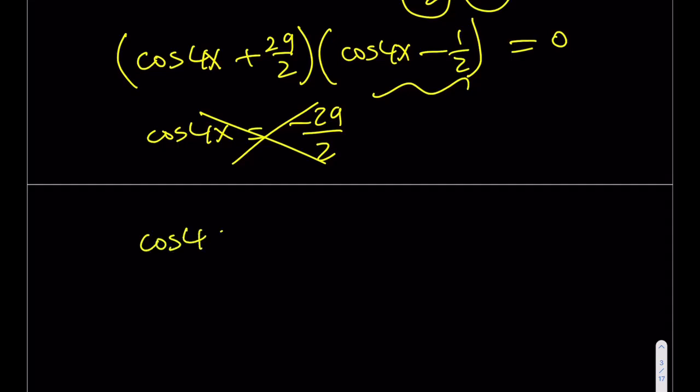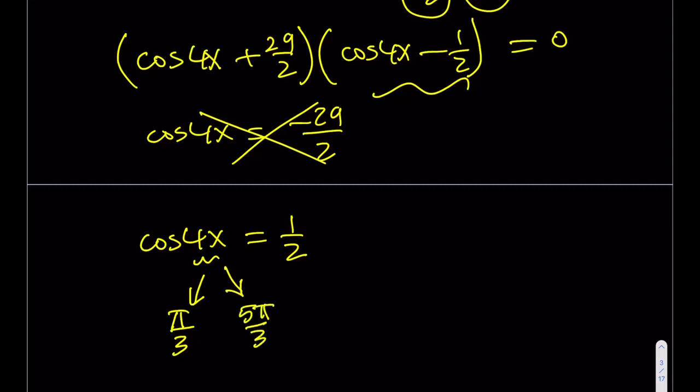Cosine of 4x is equal to 1 half, which means, okay, what is that supposed to mean? It means that 4x can be pi over 3, right, which is equivalent to 60 degrees, obviously, or 5 pi over 3.